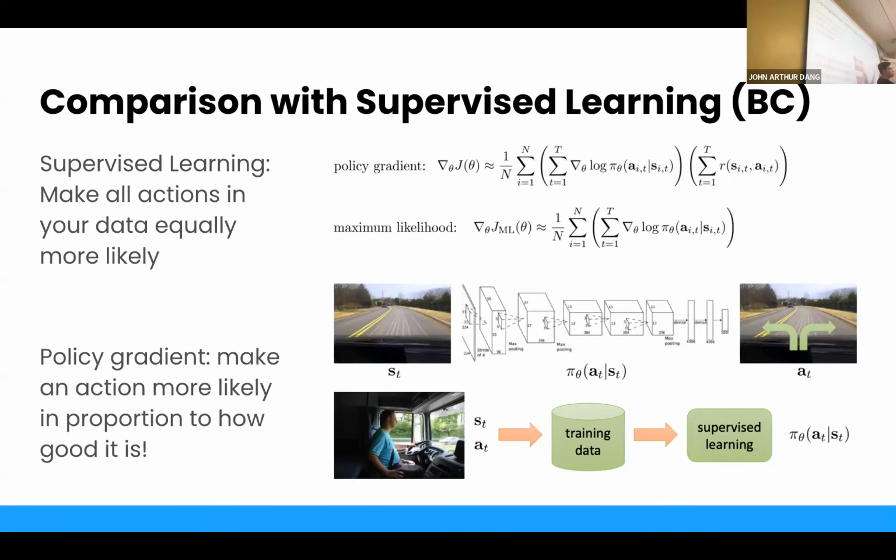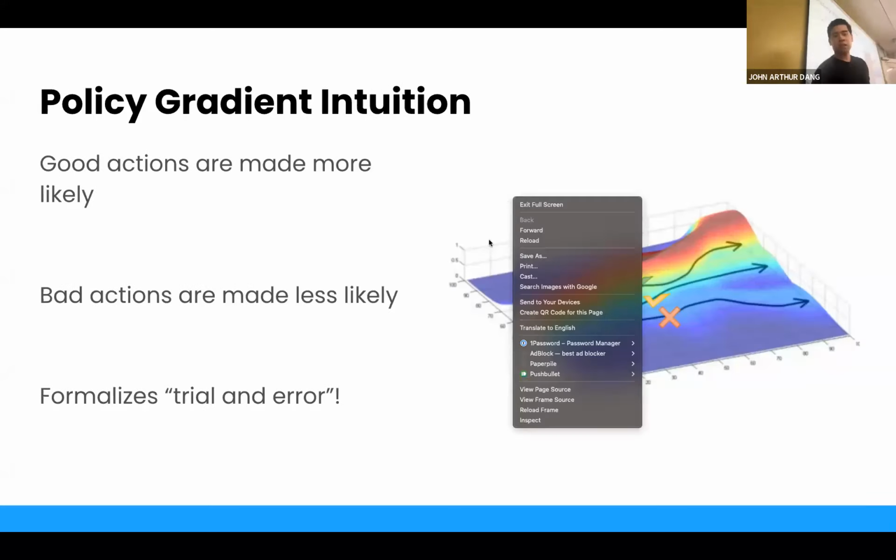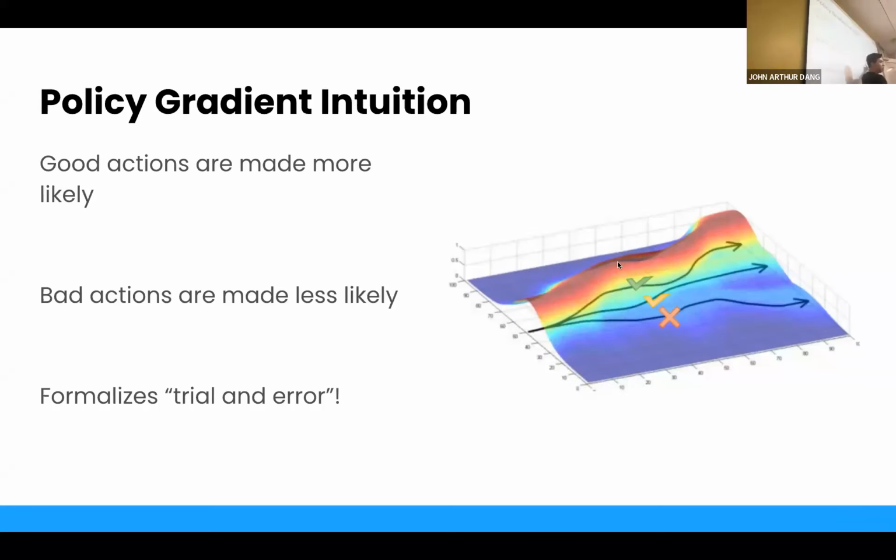Think about what's happening here for each of these time steps where we're taking an action. In policy gradients, the actions in this trajectory here in the red will have the largest gradients, whereas the trajectories for these will have smaller gradients in proportion to how much less reward they got.